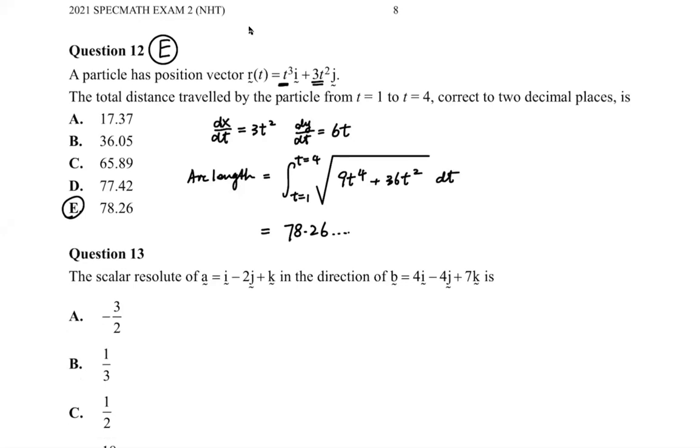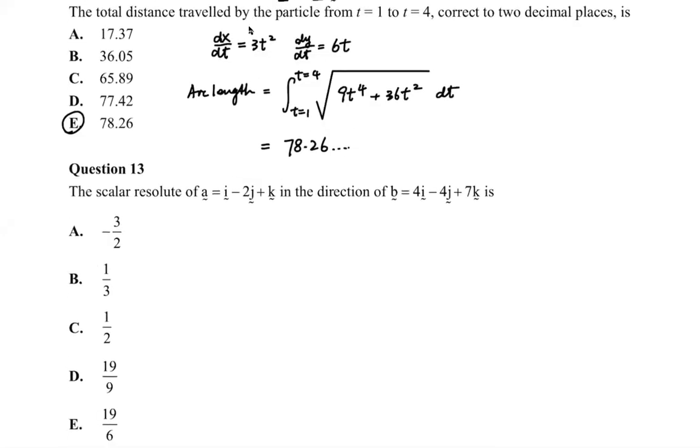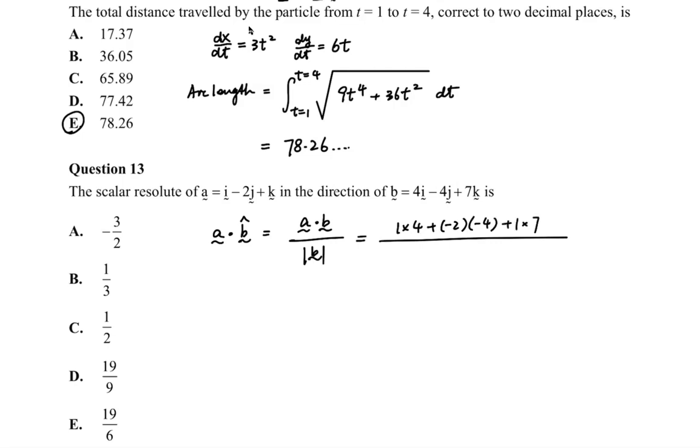Question 13, the scalar resolute of A in the direction of B. So I'm going to calculate A dot B hat, which is A dot B over the absolute value of B. A dot B, 1 times 4, minus 2 times minus 4, plus 1 times 7.